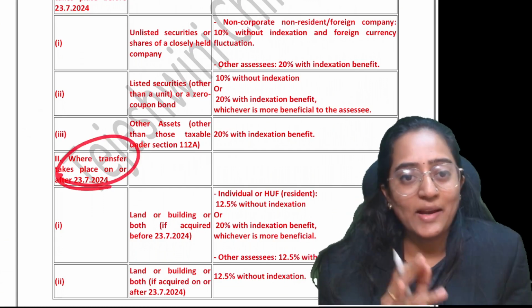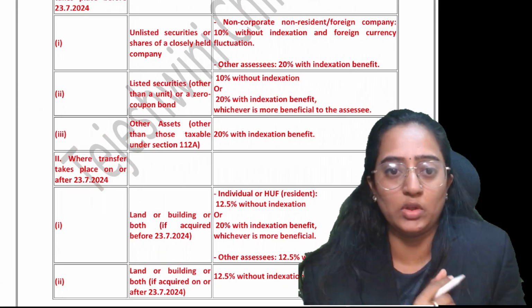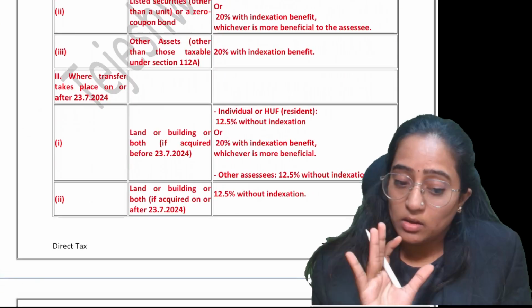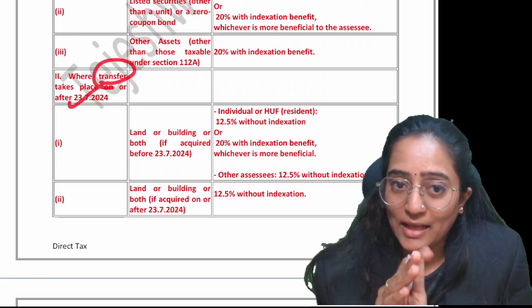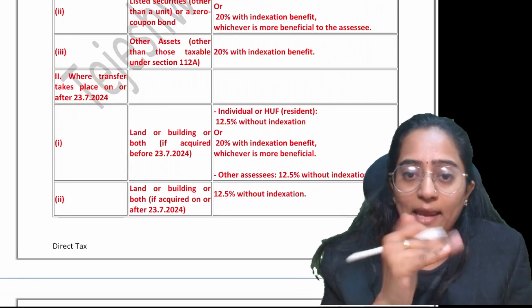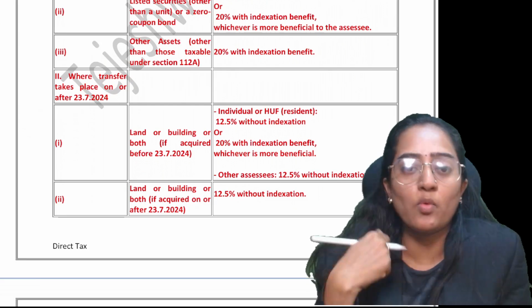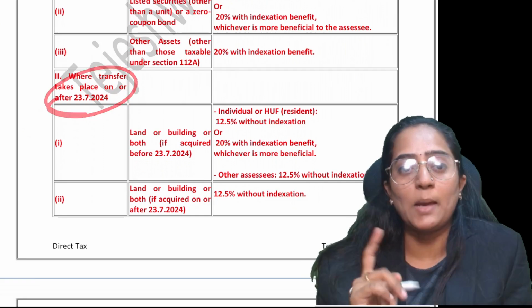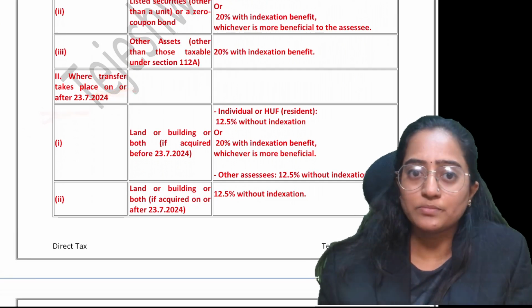How? Where the transfer has taken place on or after 23/7/2024. Now, after this date, remember, this is the transfer that has taken place. That is the sale, barter, exchange, relinquishment, extinguishment, whatever you call it. Sale that has happened on or after 23/7/2024, on is also included here.